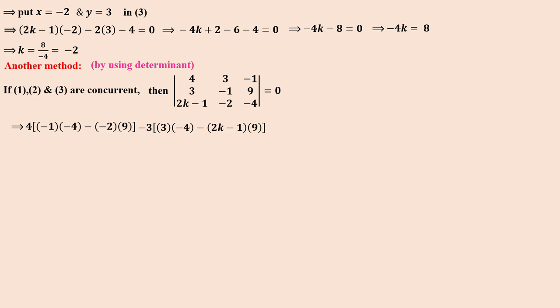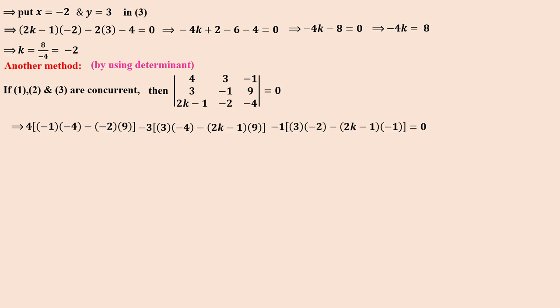So particularly if you are taking 3, the 3 column is minus 2, minus 1, 3, minus 1, minus 2. Leave those numbers in that column, and the row, first row 4, 3, minus 1. So leave all the numbers on that row. So remaining you are having 3, 9, 2k minus 1, minus 4, just to do the cross multiplication: 3 into minus 4 minus 2k minus 1 into 9.